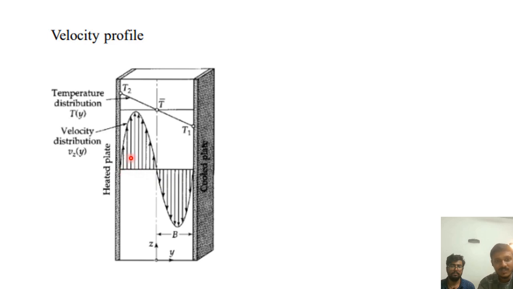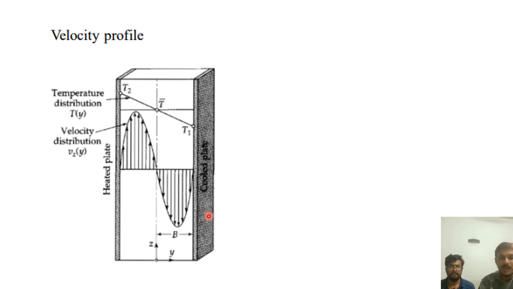Since the velocity here is positive and increasing, and then it will be in the negative direction here, somewhere in the middle the velocity will be zero. The velocity will be positive and increasing, at some point it will become zero and then it will be negative. So this will be the expected velocity profile.